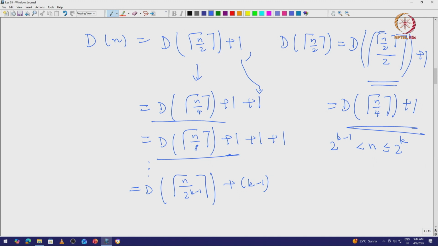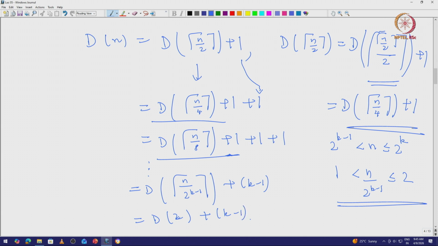When you divide n by 2 power k minus 1, you get 1 less than n by 2 power k minus 1 less than or equal to 2, if you divide by 2 power k. So, when you take ceil, it is a number between this, therefore, this ceil is only 2. Therefore, this is equal to d of 2 plus k minus 1.